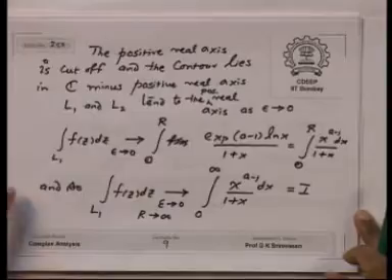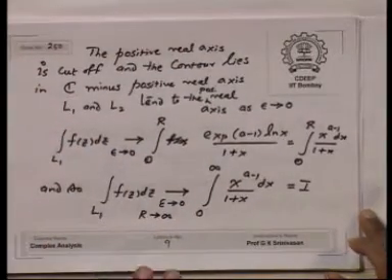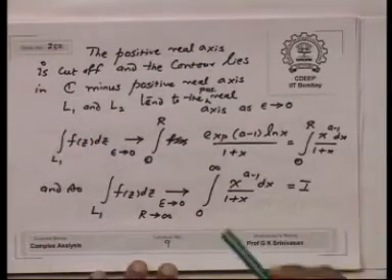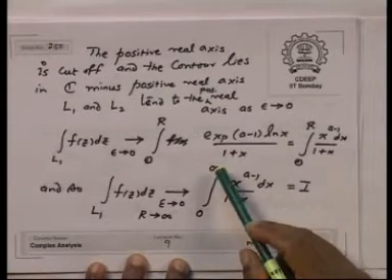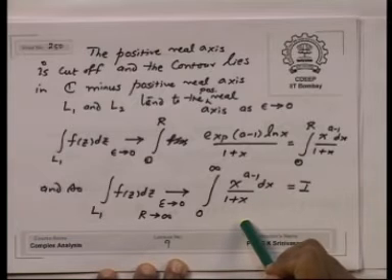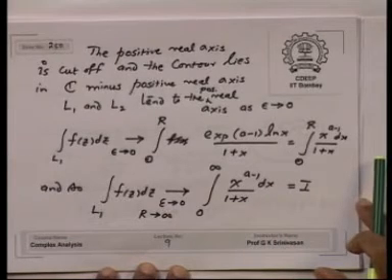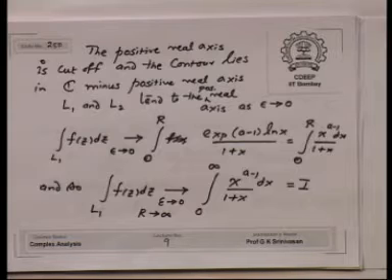So, finally, not only should epsilon go to 0, r should also go to infinity. So, epsilon goes to 0, r goes to infinity. What are you going to get? The contribution from L1 will go to the integral from 0 to infinity of x to the power a minus 1 dx upon 1 plus x, exactly as you need. Is this clear what is going on?